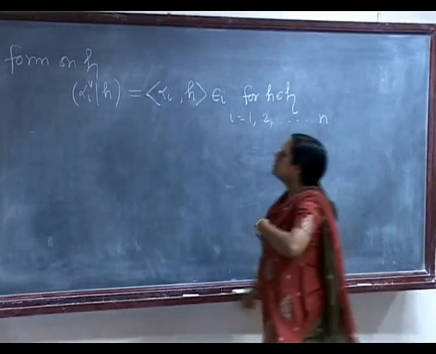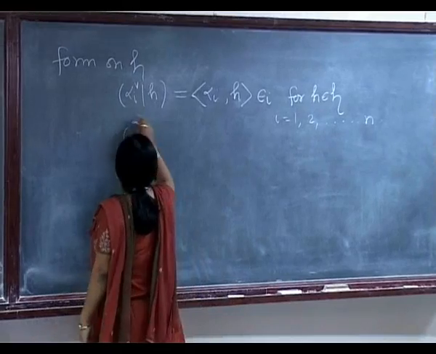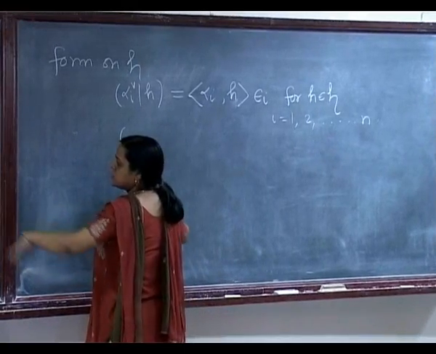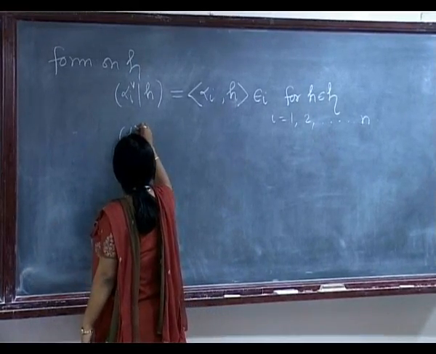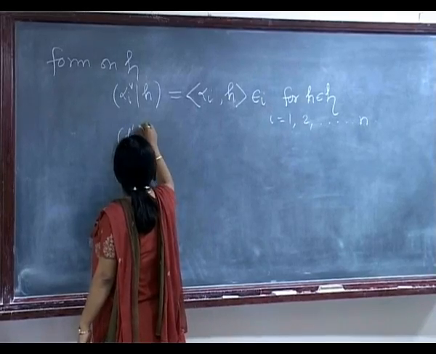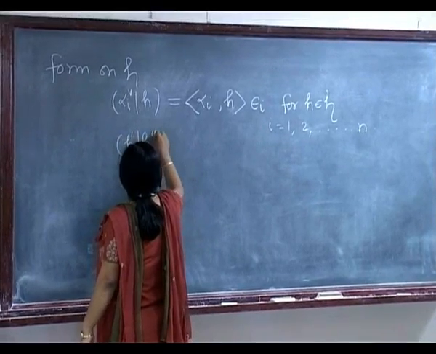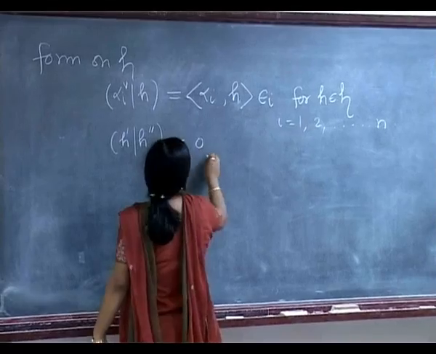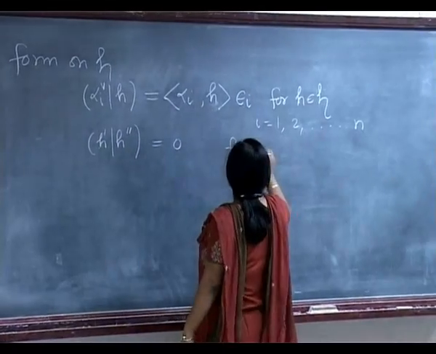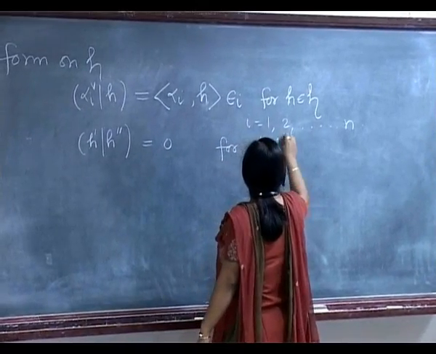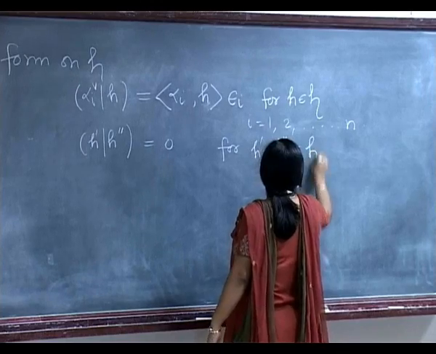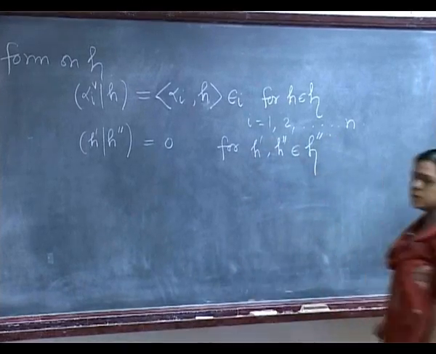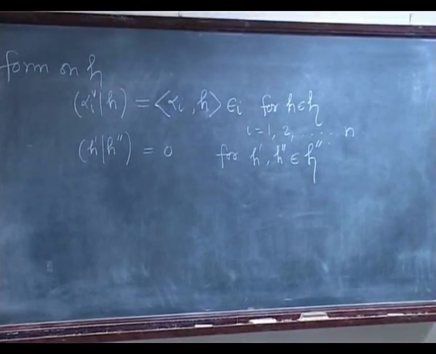Okay. And if I take two elements from h double prime, then we define it to be 0. So, this is the bilinear form.